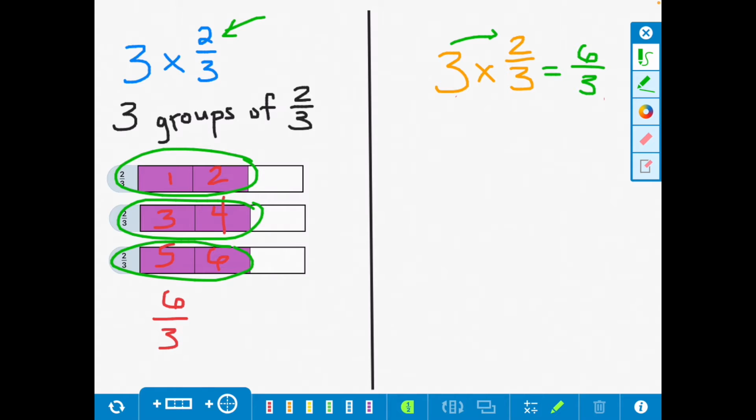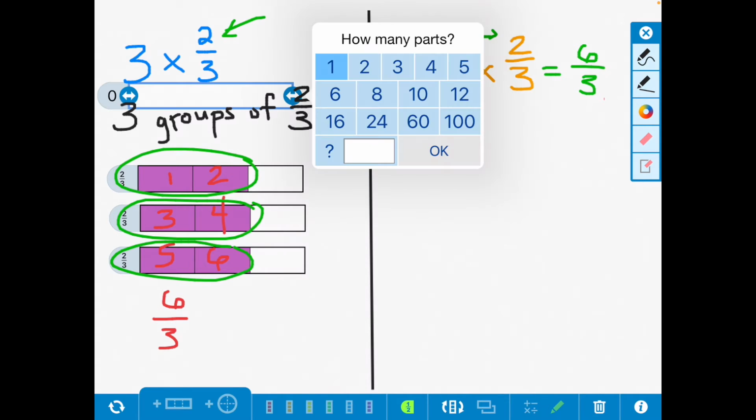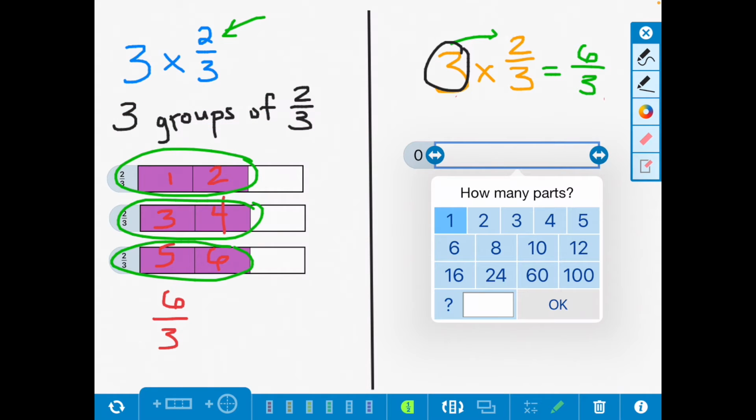That works. Or, and this is what I really suggest for kids, is to rethink the way that we view this number out in front. If it's a whole number, if I wanted to make 3, I would grab a bar and I would say, how many parts?